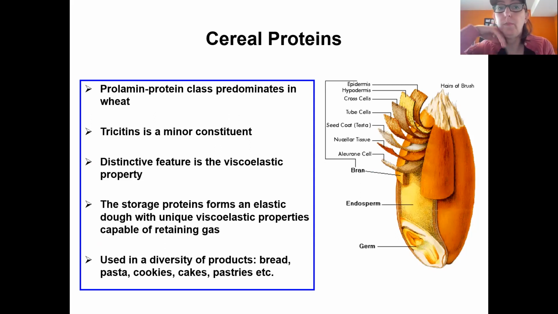This particular protein in wheat, the prolamin and the high molecular weight prolamins, have very characteristic functionality that is very unique to wheat. I've yet to see another grain or seed that has such functionality, which is the viscoelastic properties that are very unique for wheat protein.